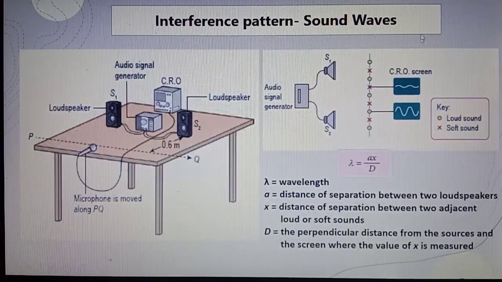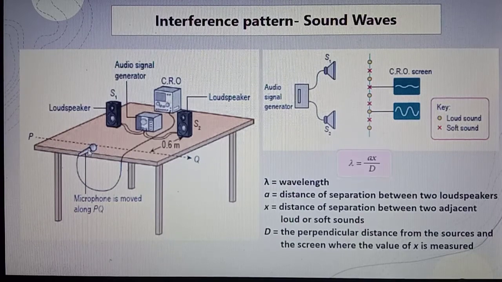For sound waves, same thing. We can use two loudspeakers connected to the same audio signal generator, meaning the loudspeakers S1 and S2 are coherent sources. In front of the two speakers, we can mark a line PQ.